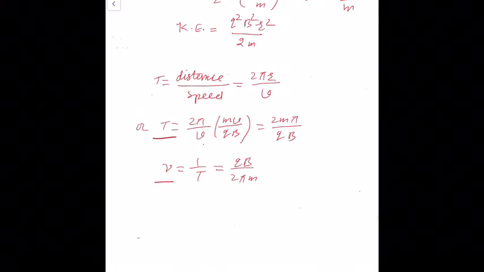It depends only on the magnetic field and nature of the particle, that is specific charge, means q by m. Thus all the charged particles take the same time to complete the circular orbit of small or large radius, provided their specific charge, means q by m, is same.